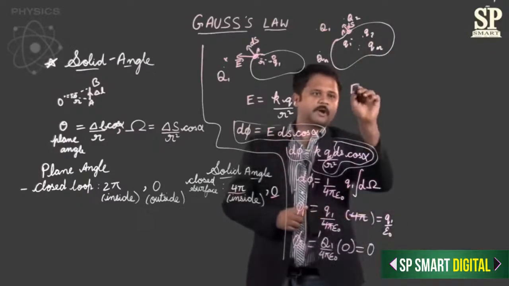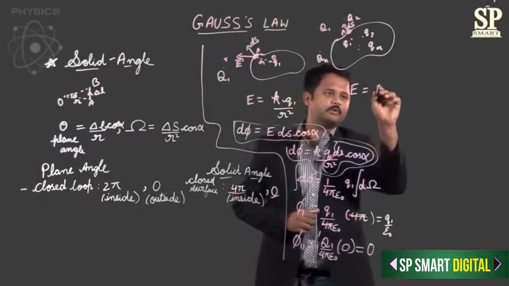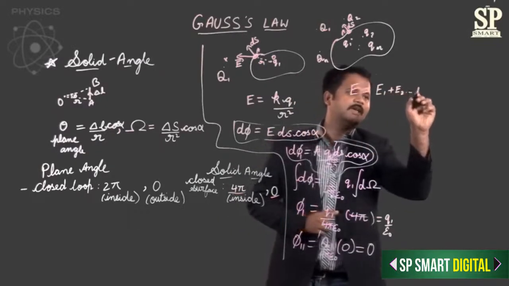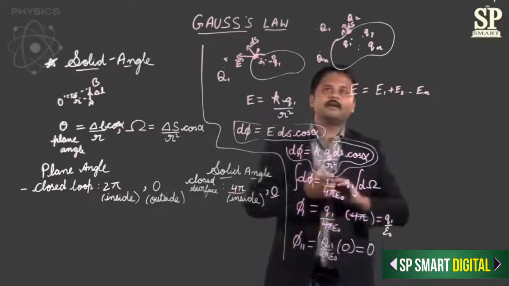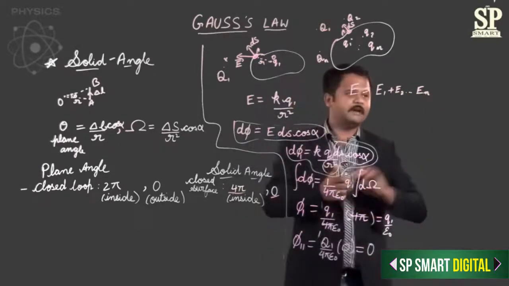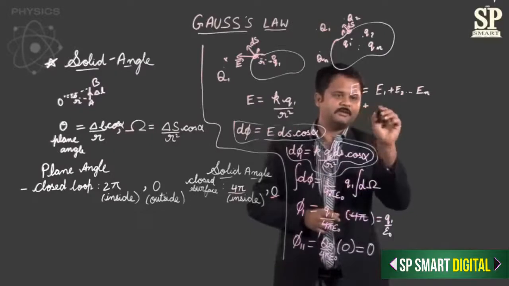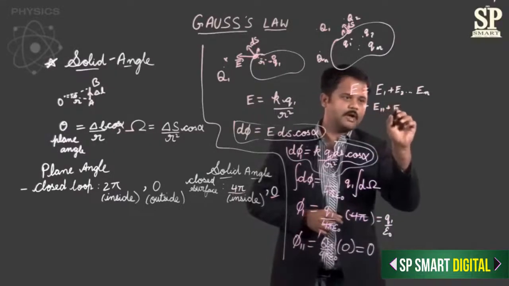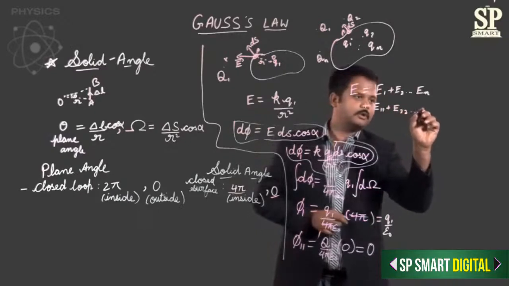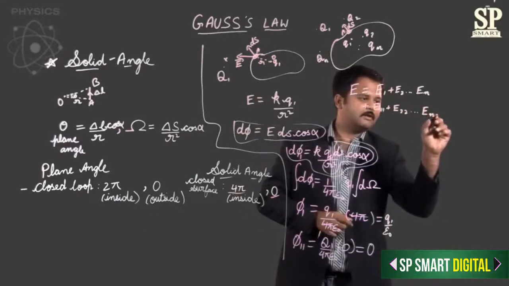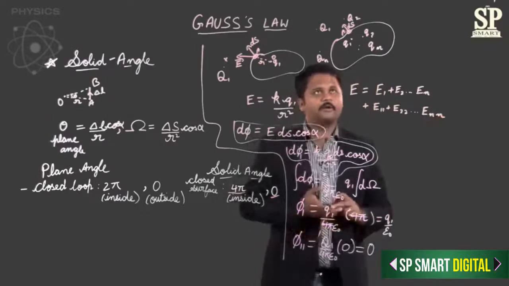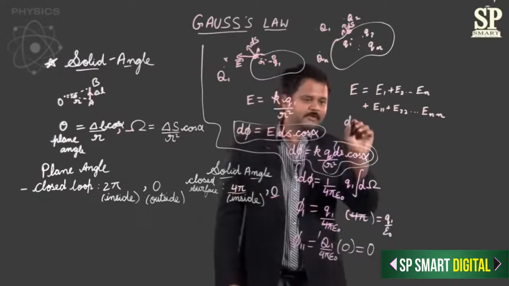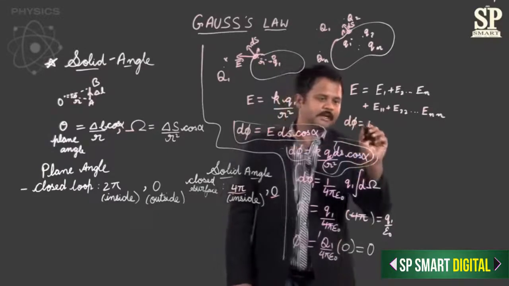So I can say E is equal to E1 plus E2 till En, and then let's say due to charges that are outside, the electric fields are denoted by the subscript 1, 1, and here I have 2, 2, and so on till En. Now, if I found out E, then it's easy to find out the total flux that is passing here, which is E dot ds.